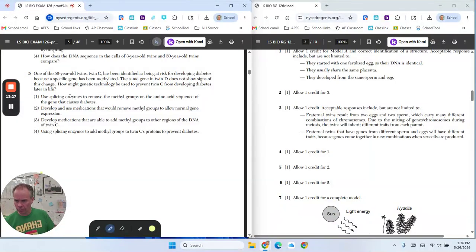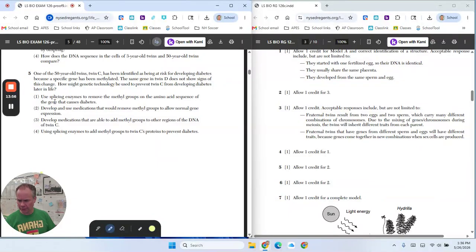Okay, so when I read over the answers: using splicing enzymes to remove methyl groups, developing medications that could remove methyl groups to allow normal gene expression, developing medications that would add methyl groups in this region, or using splicing enzymes to add methyl groups. Okay, so when I read the question, it's asking how I could use technology to prevent twin C from developing diabetes.